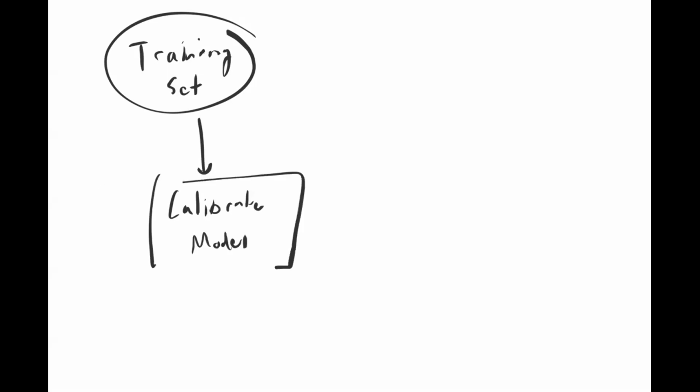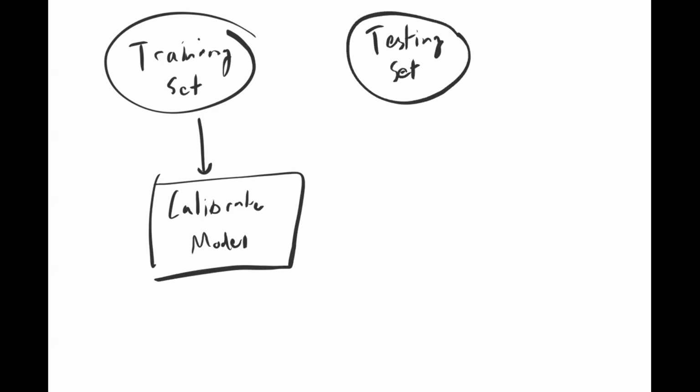training set and testing set. So one way that you might put this is if I have a training set, this is essentially what I use to calibrate the model. And then our testing set, so these would be our blue points.